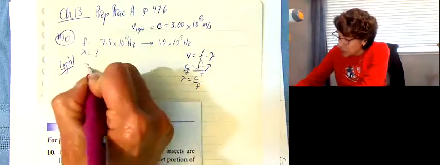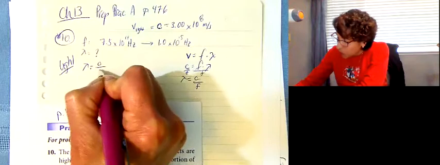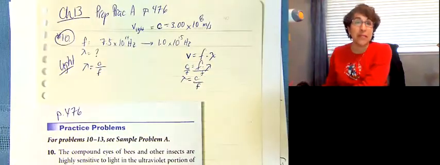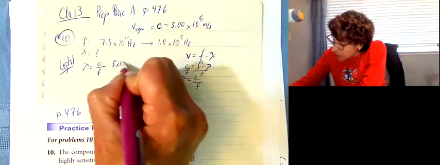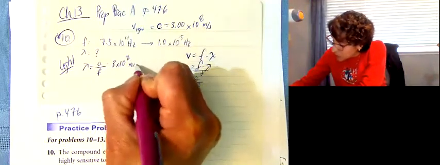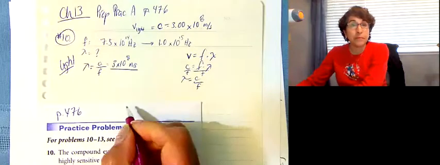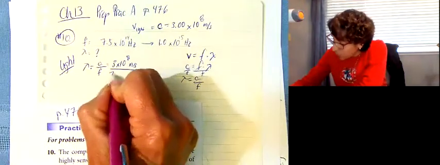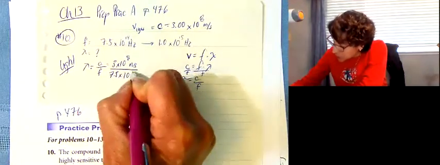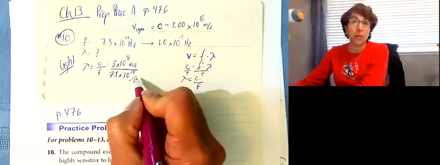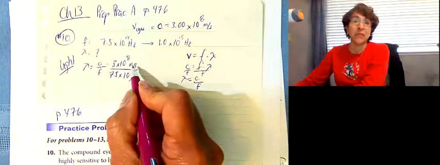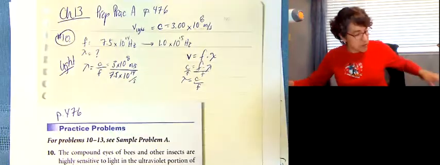The wavelength is equal to c over the frequency. So the first one is 3 times 10 to the 8th meters per second over the frequency, 7.5 times 10 to the 14th. Instead of hertz, I'm going to say per second, because my per seconds cancel out and I end up with meters. That tells me I did it right.